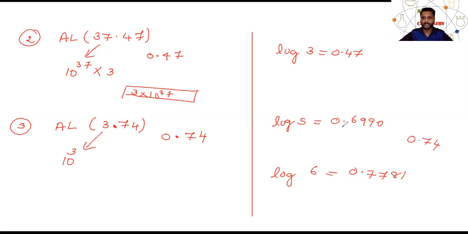So what I can do is, I can go on writing 0.70, 0.71, 0.72 up to 0.77. And accordingly I can write 5.1, 5.2, 5.3, 5.4 and 5.5, right? So I'll go for 5.5 approximation. Therefore, final answer is 5.5 into 10 to the power 3, right? We'll move on to the next problem.